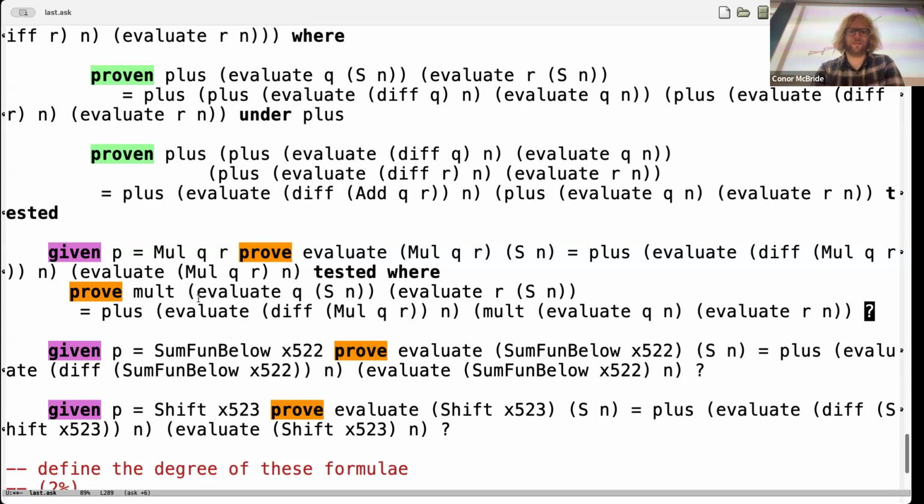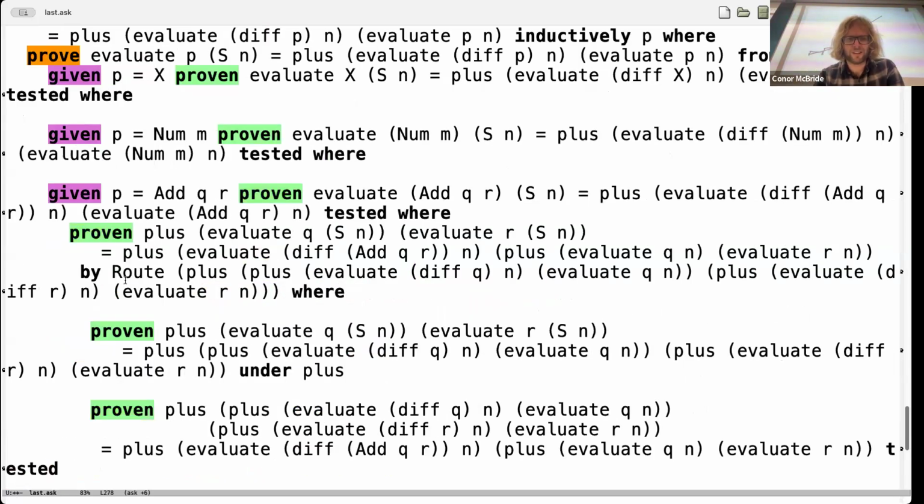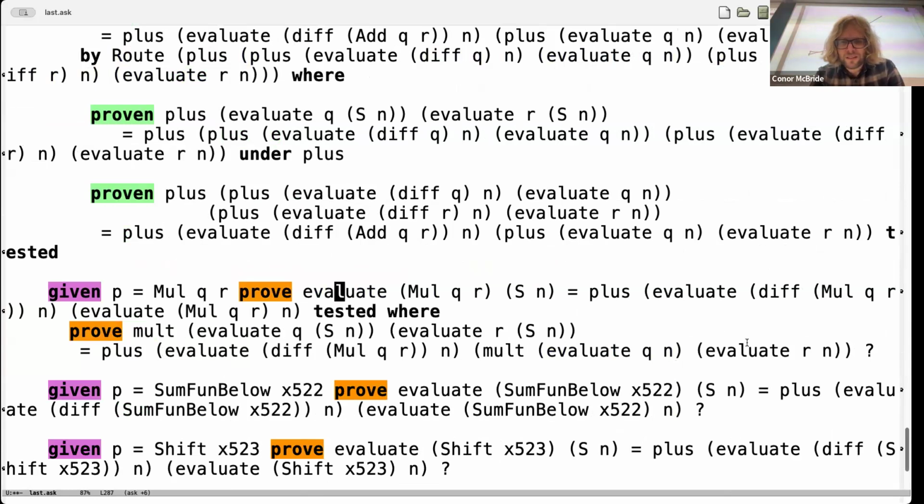So we can follow the same first strategy as in the addition case, right? Where the left-hand side is a bunch of evaluate of S of n, so we know inductively what they should be. So we can just say by root. So I'll just copy the same root and change some pluses to mults. The outer plus should be a mult.